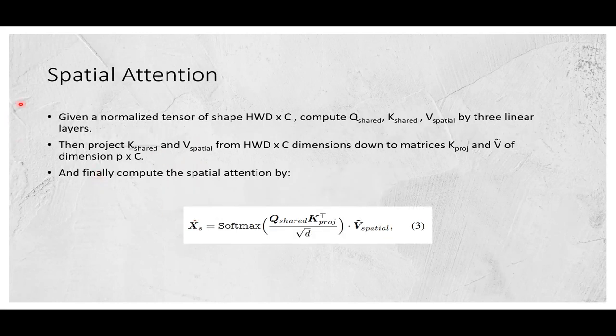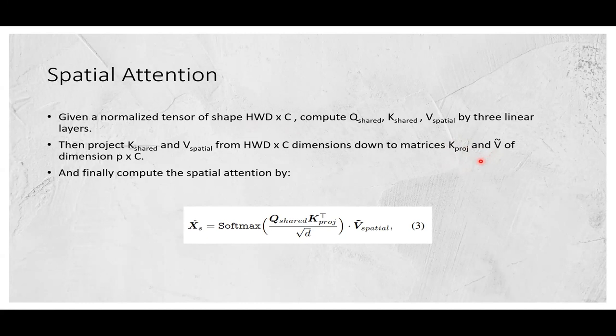In the spatial attention, given a normalized tensor of shape HWD times C, we compute Q, key and value by 3 linear layers. Then we project K and value from the high dimension of HWD times C to a smaller dimension P times C. We call the resulting matrices K projected and V tilde.